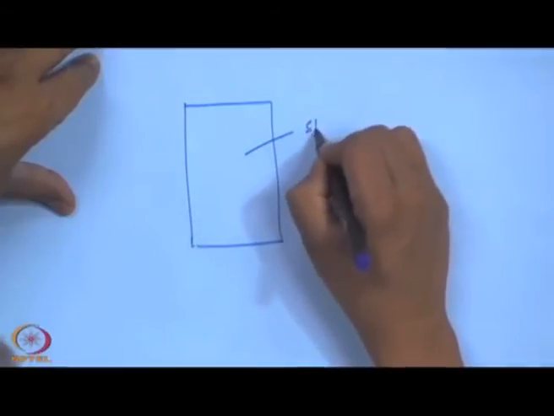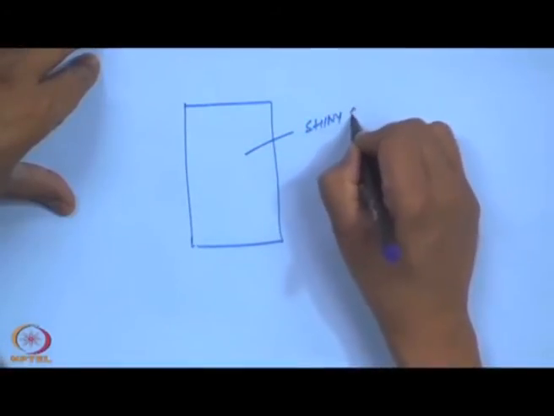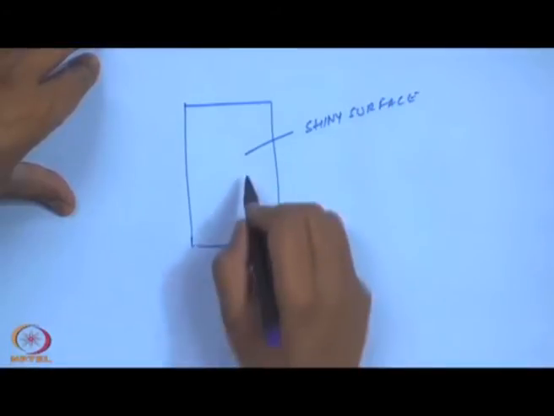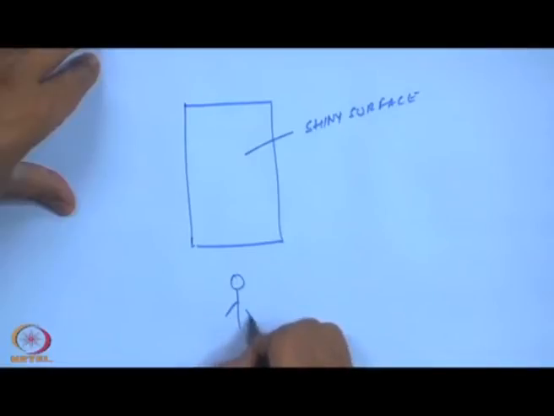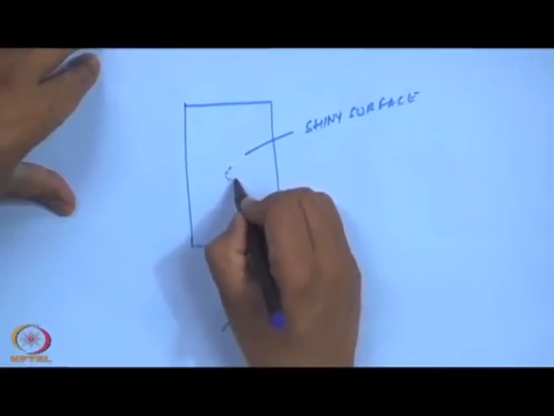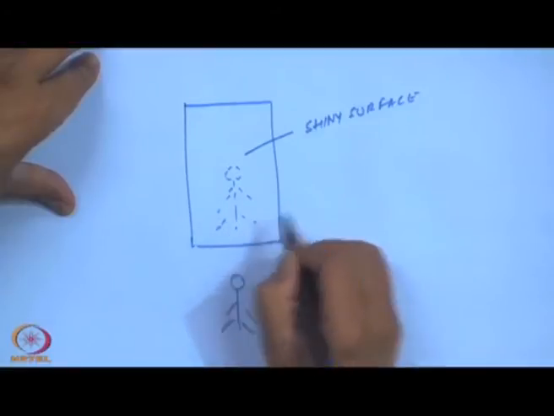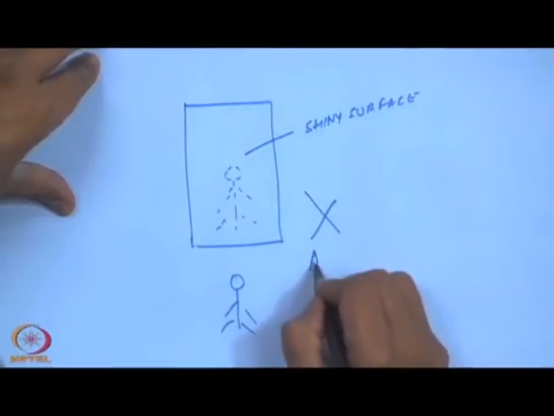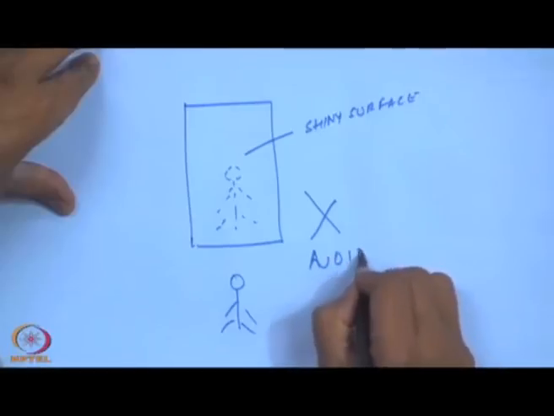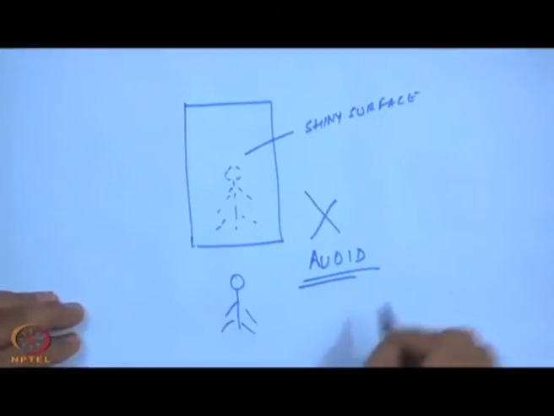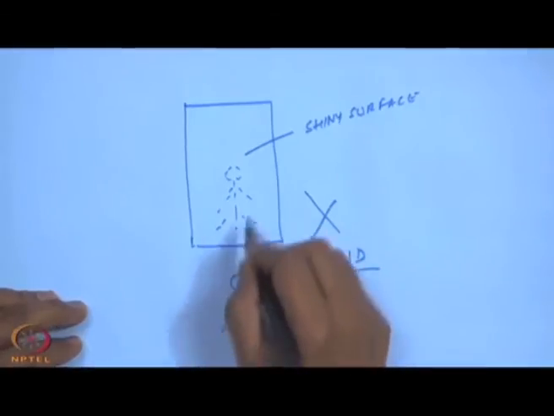This is a shiny surface, and if you are measuring in front of it, your reflections are going to come across. So, this is to be avoided, and never be perpendicular.